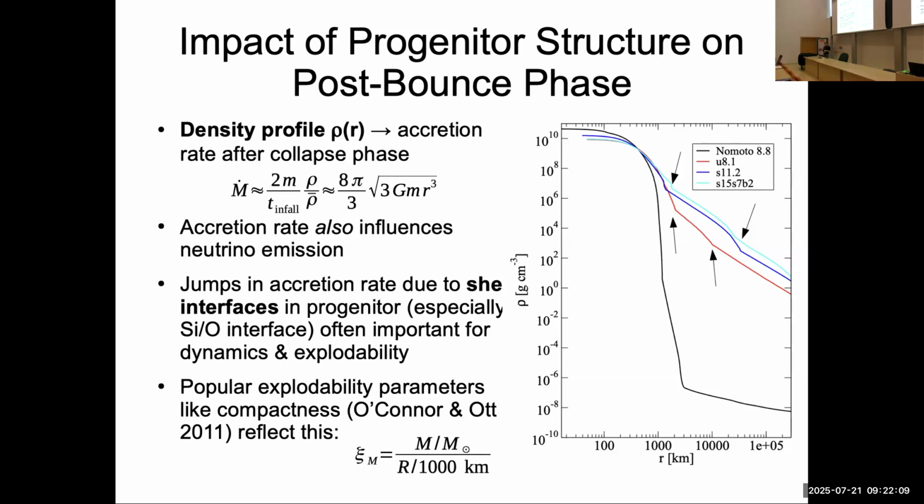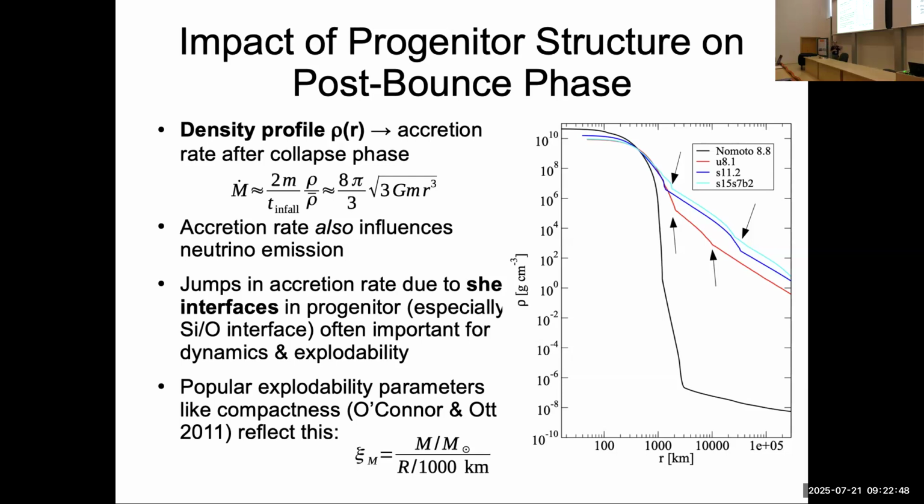The density structure of the progenitor stars effectively translates quite directly into the history of the mass accretion rate. Certain points in the stars are always very important in that respect, because the stars prior to collapse have structures: an iron core, silicon shell, oxygen shell, and so on. Those all have different entropy. If you solve the hydrostatic structure equations, that translates into jumps in the density at these shell interfaces.